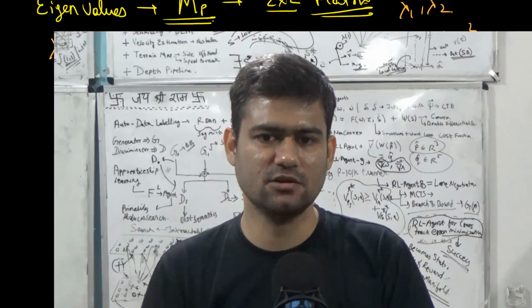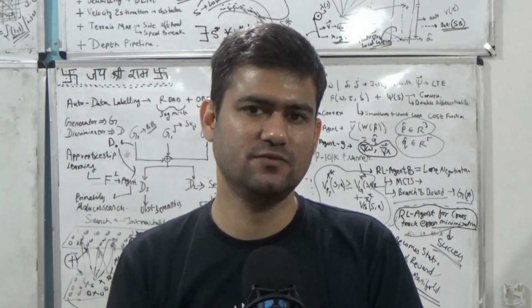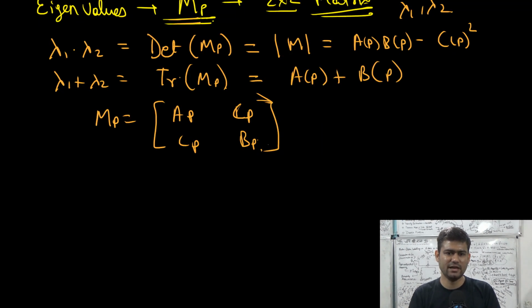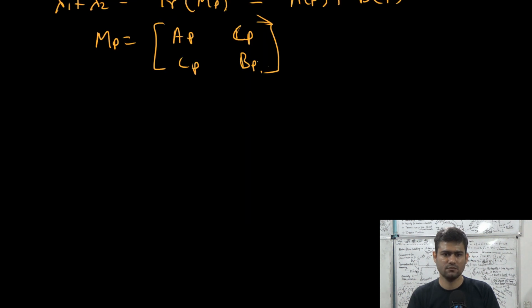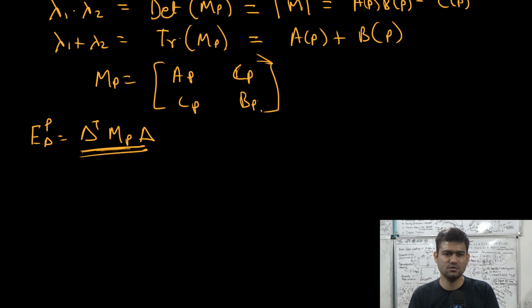Furthermore, from elementary calculus, you would also know that the size of the ellipse, or the elongation of the ellipse, or the length of the major and minor axis of the ellipse resulting from this matrix M, comes from E of delta at location P as delta transpose MP delta. The length of the axes of the ellipsoid is inversely proportional to lambda 1 and lambda 2.